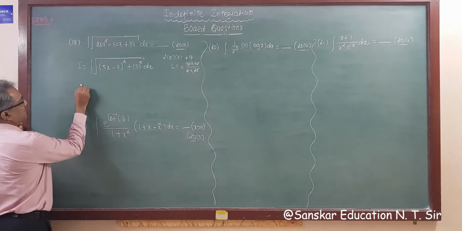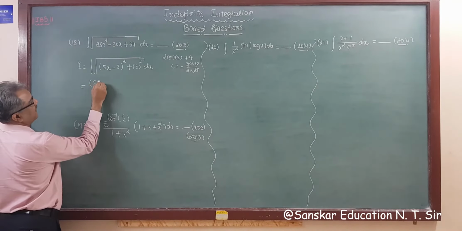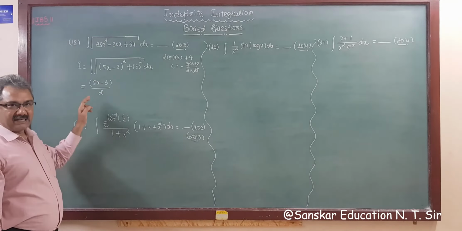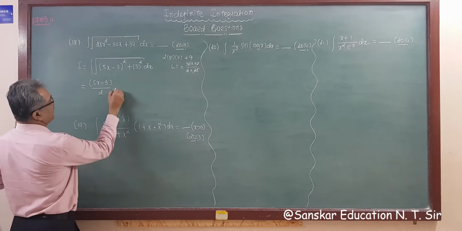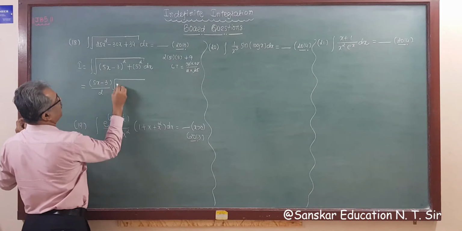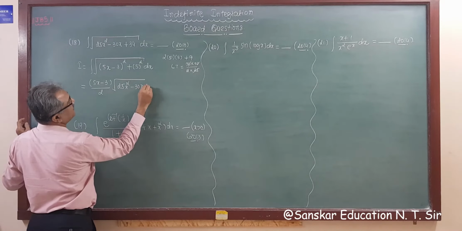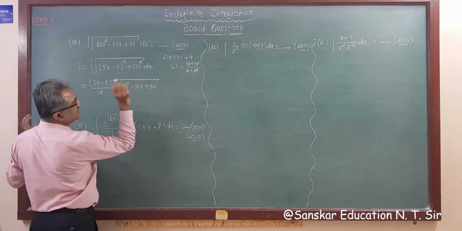Root of x square plus a square: this x by 2 is (5x minus 3) divided by 2, right? x by 2 into as it is, so square root of 25x square minus 30x plus 34, as it is.